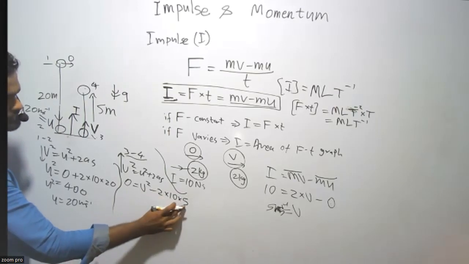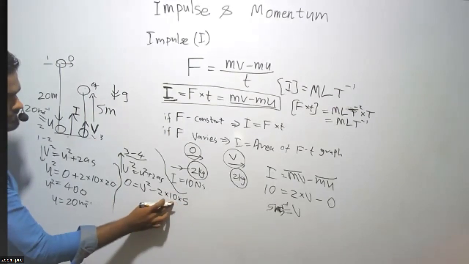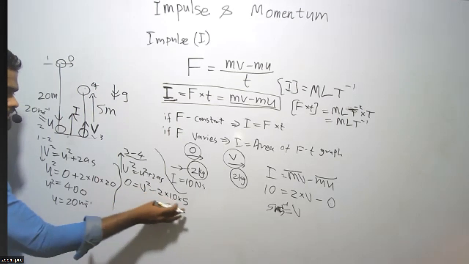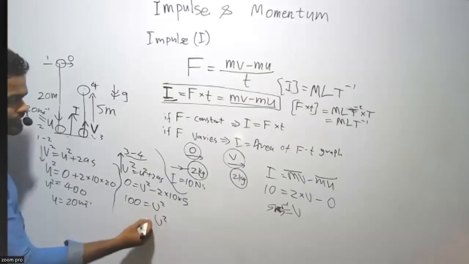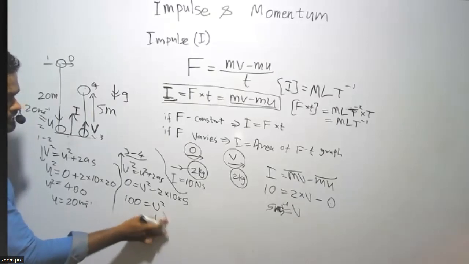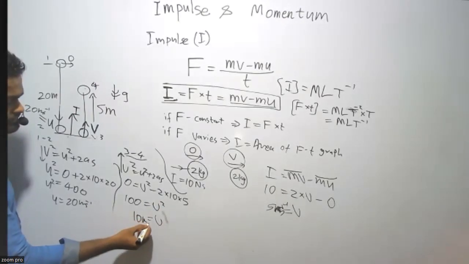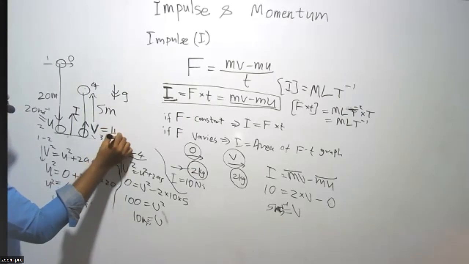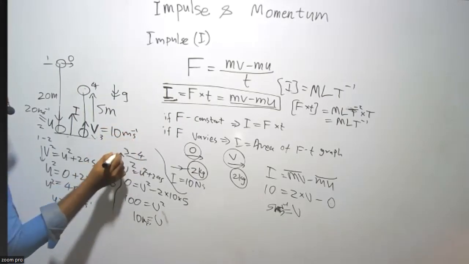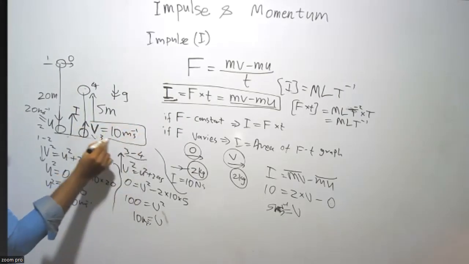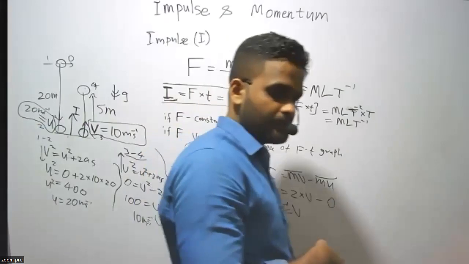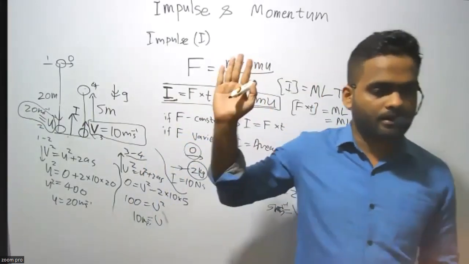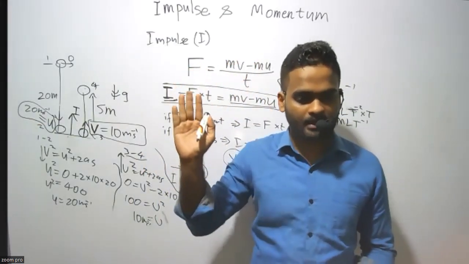So 2 times 5 is 10, 10 times 10 is 100. Take 100 to this side: 100 equals v squared, so v equals 10. So the bouncing velocity is 10 meters per second. Got it? We found these using linear motion equations. So it hits the ground at 20 meters per second and bounces off at 10 meters per second, right?